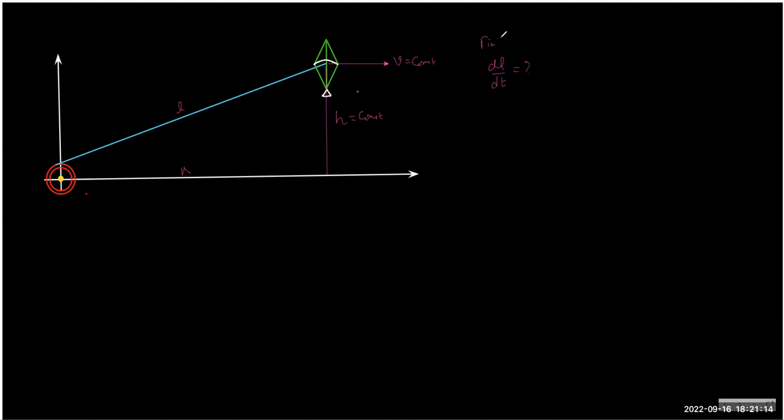Find. And what V represents? Anybody can tell me what V represents? Sir, X. V represents the rate of change of X, isn't it? So very good. V is representing dx by dt.